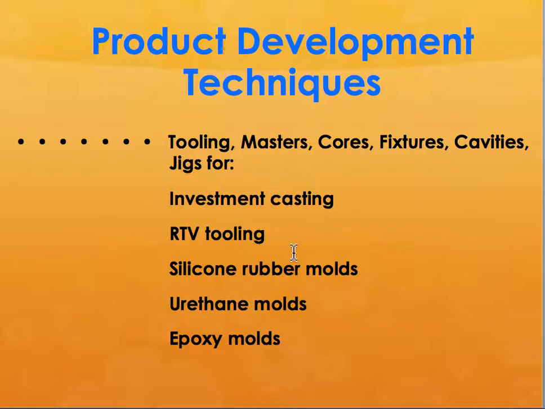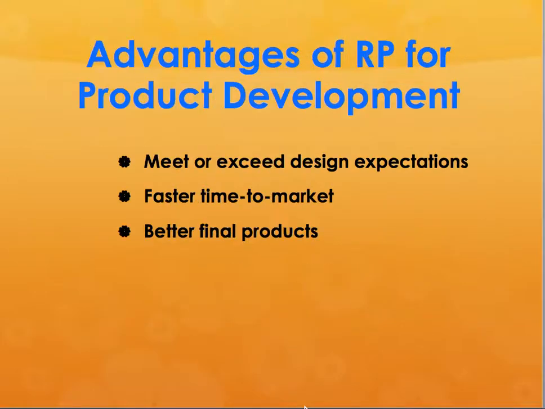You want to use the parts for making RTV tooling, rubber molds, urethane molds, epoxy molds, etc. So that's where it started out. But now we are trying to make complete functioning prototypes using 3D printing or additive manufacturing.